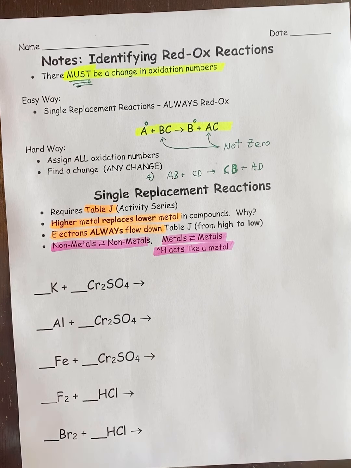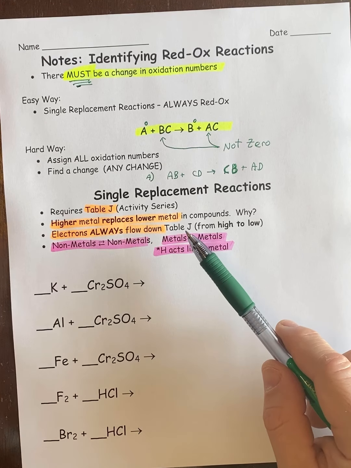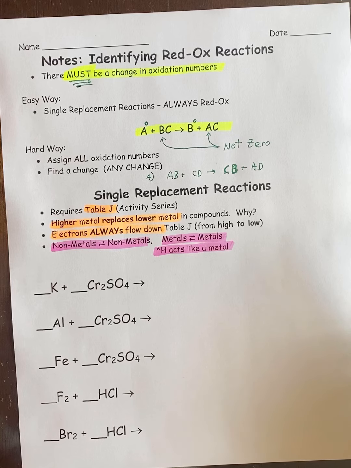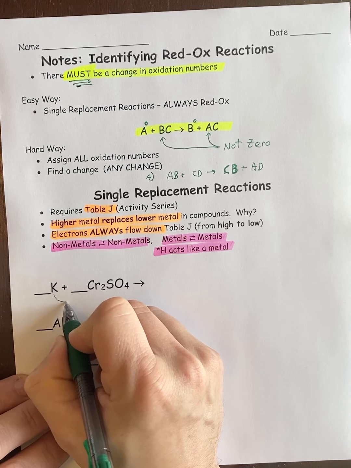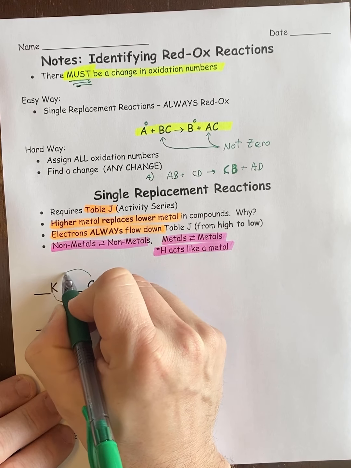So what we do is higher metals replace lower metals in compounds, and the reason why is what I just mentioned. The higher metals are more unstable, and so they would rather be in a compound to stabilize them than the lower metals, which can handle being alone more easily. That's essentially what's going on. So we've got two metals here. We've got K, and then we've got Cr, and the question is, are they going to trade places?